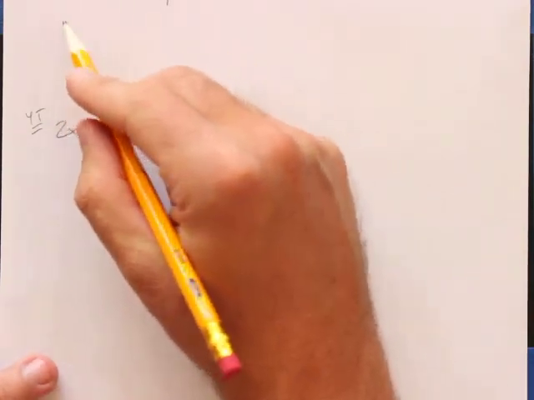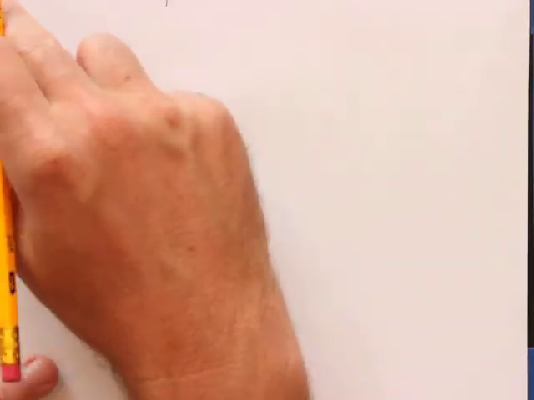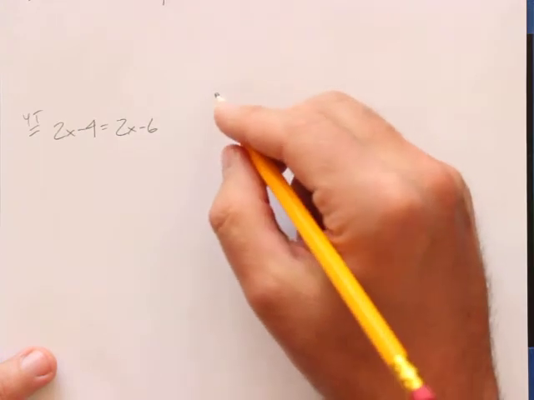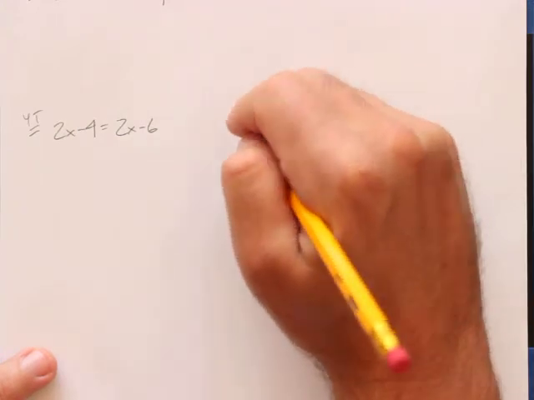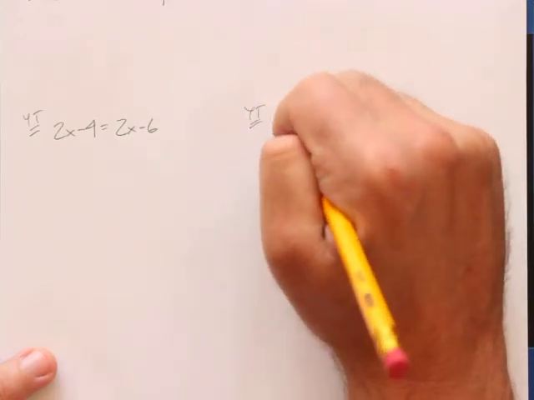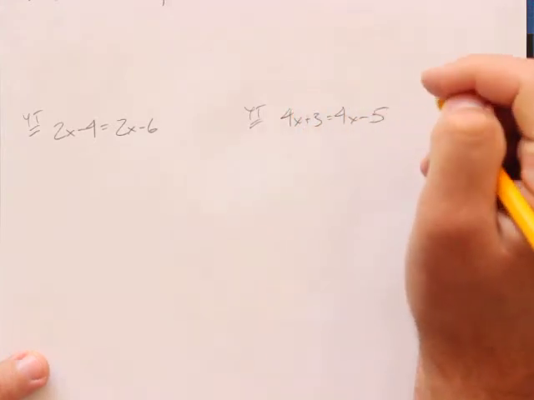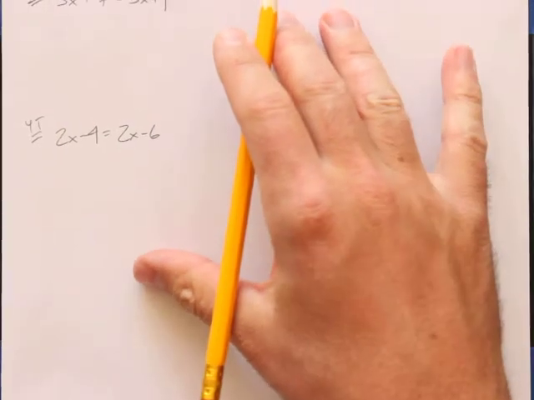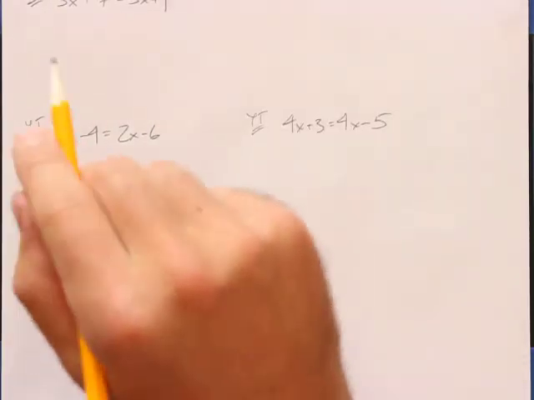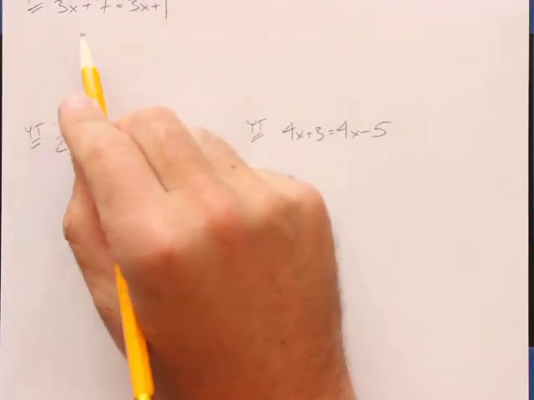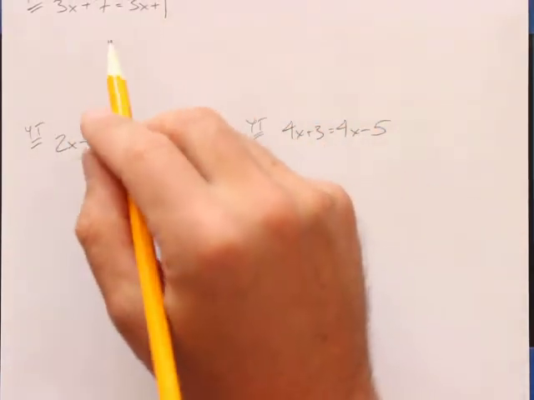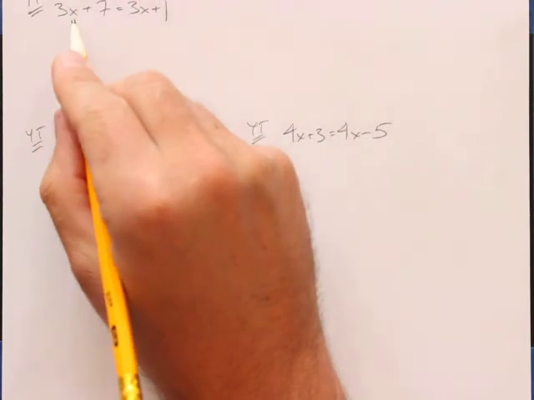Now, we'll start this one together here, and then we'll work this out a little bit more. And then another U try, which is 4x plus 3 equals 4x minus 5. All right, let's do this one together, and then we'll have you do the other ones by themselves.